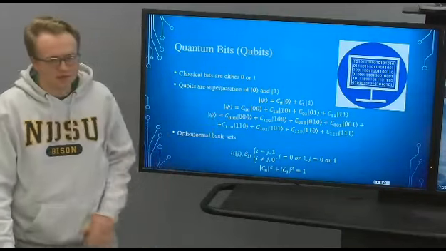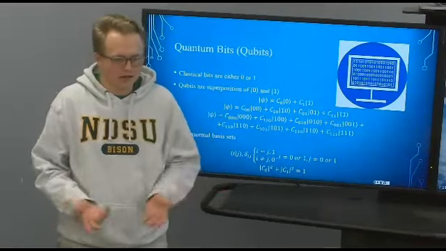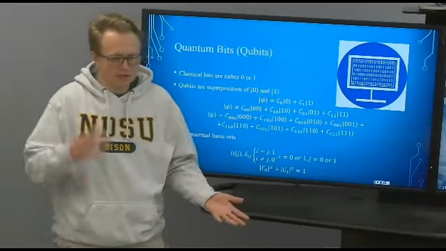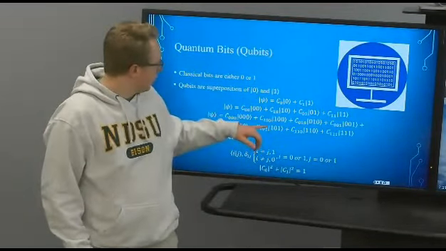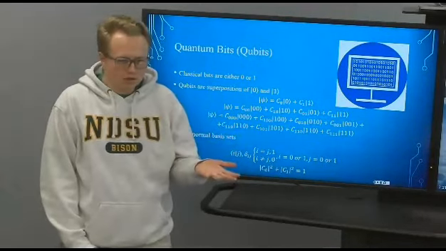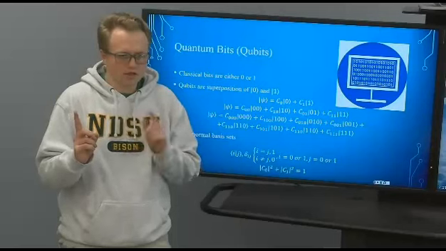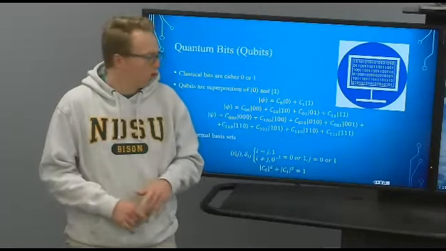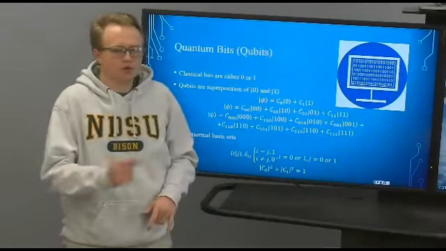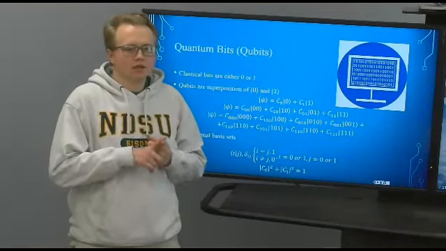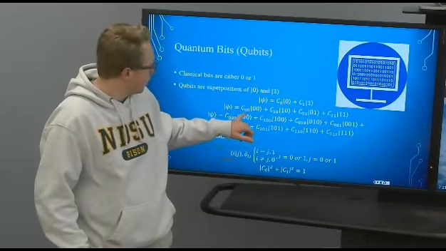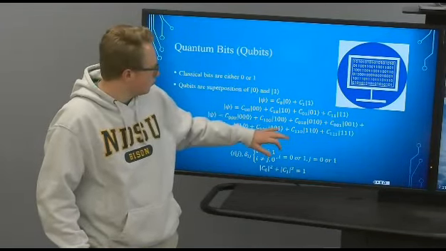The beginning will be very similar to Sam's. With a classic bit, we can do ones or zeros, and we have to have the same number of bits as we do the numbers. But if we go to quantum bits, with 1 bit, we still get 1 or 0, or some linear combination, which is not as important. But as we increase the number of qubits, the number that we can get goes much quicker, because we can get 0, 0, 1, 0, and so forth.